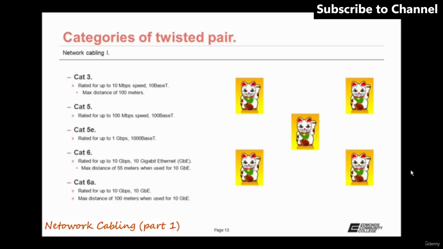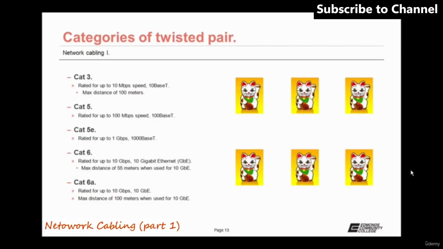And that still wasn't fast enough, so they developed Cat5e. Cat5e is rated for up to 1 gigabit per second. That's 1000BASE-T. Now we have Cat6. Cat6 is rated for up to 10 gigabits per second. That's 10 gigabit Ethernet, or 10GbE.